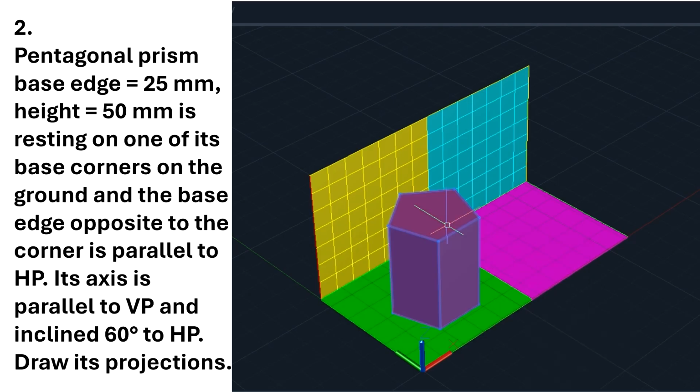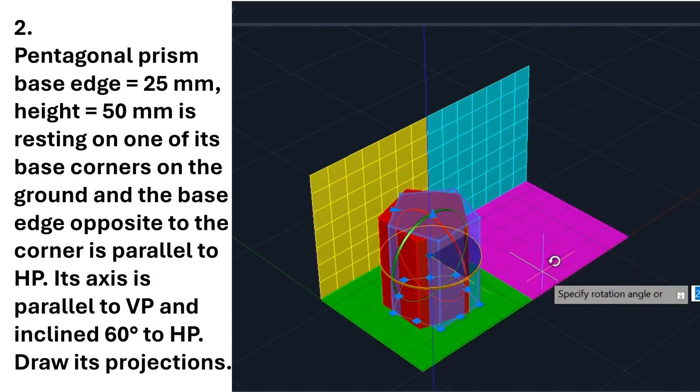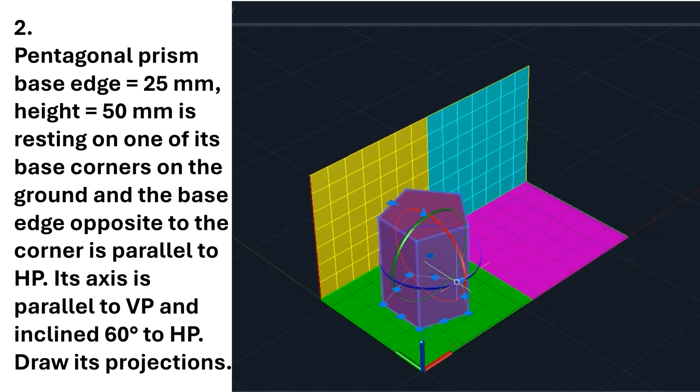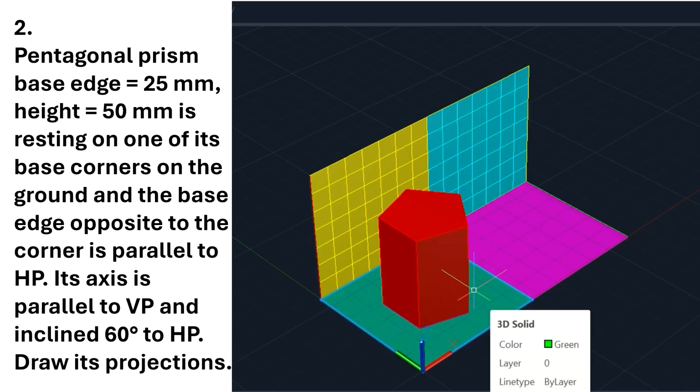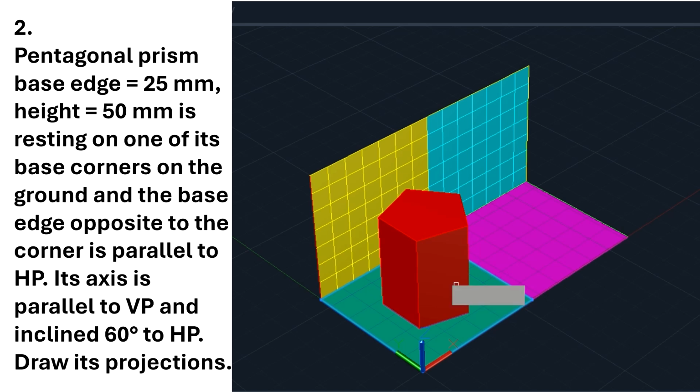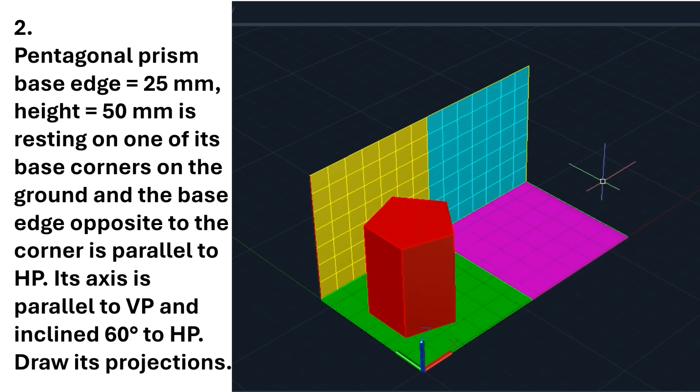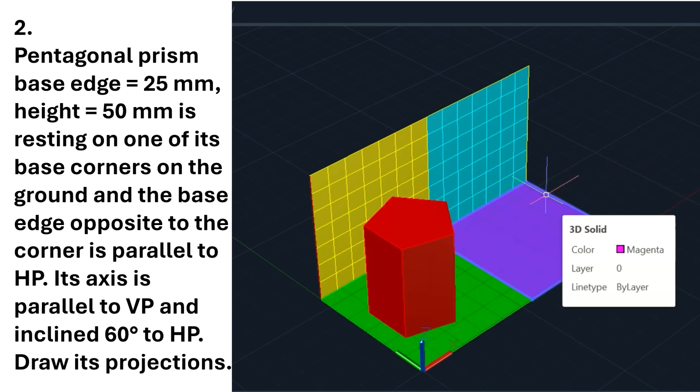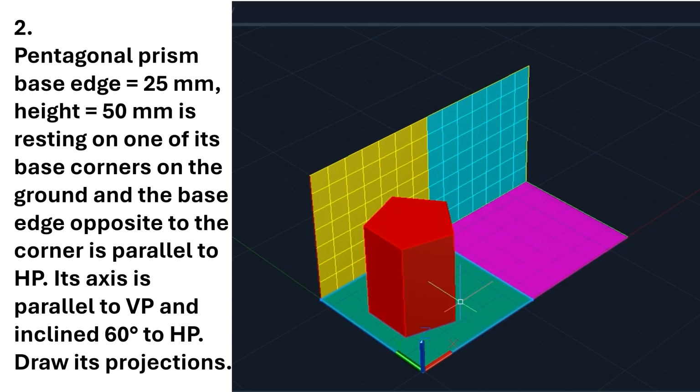So to make that, I will just rotate this solid to 90 degrees. So now this base edge is perpendicular to the vertical plane, and the base corner below this base corner is on the horizontal plane. So when I rotate this to 60 degrees, that base corner will be resting on the horizontal plane, and this base edge will still be parallel to the horizontal plane. So this is the simple position of the solid.